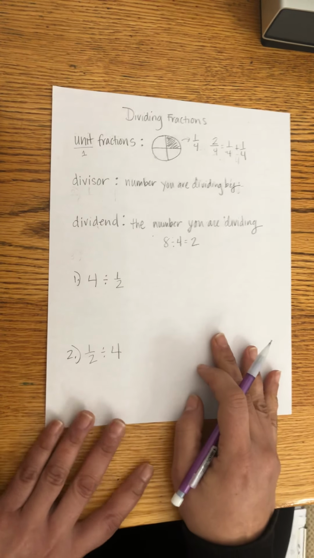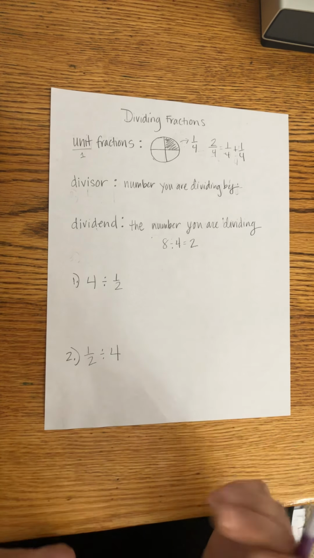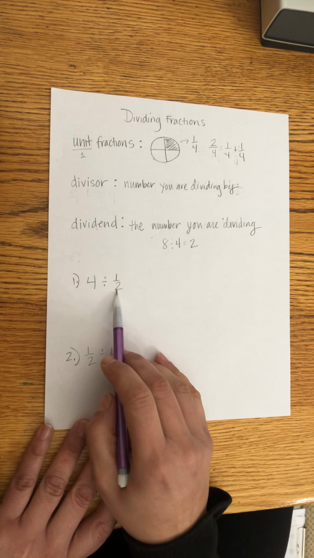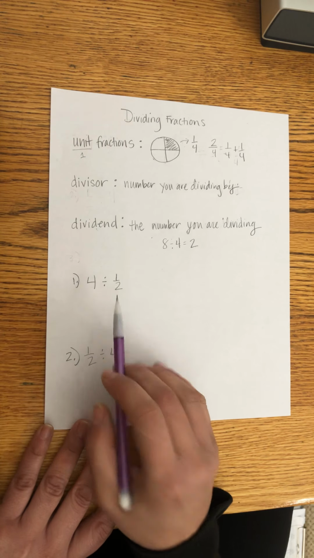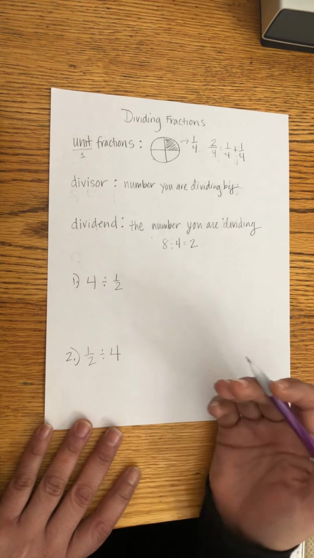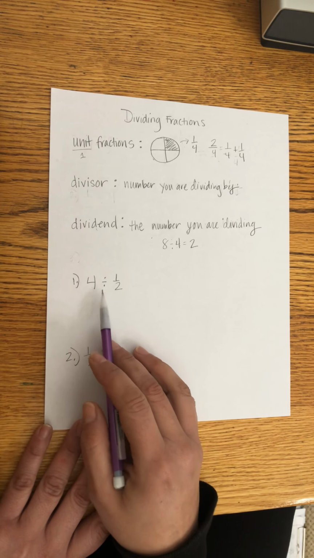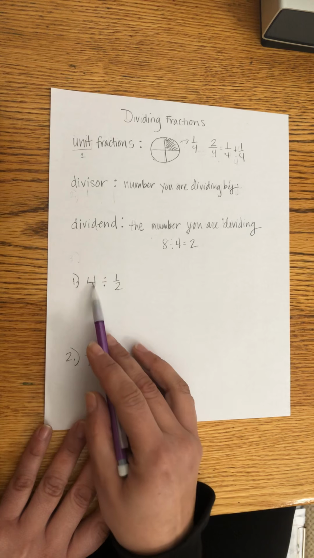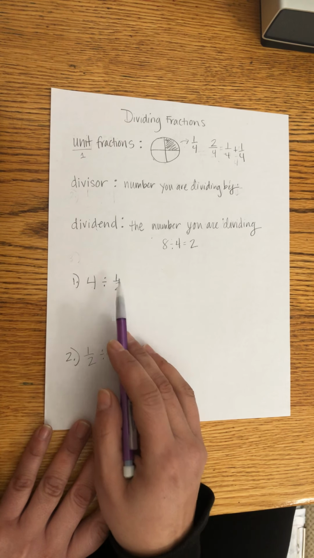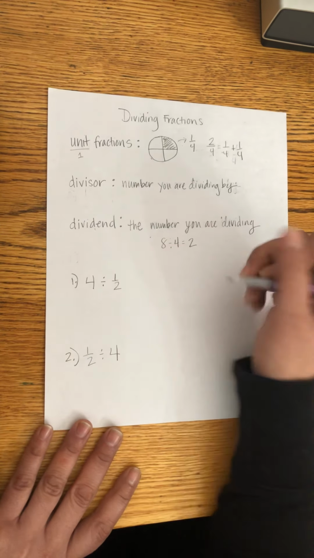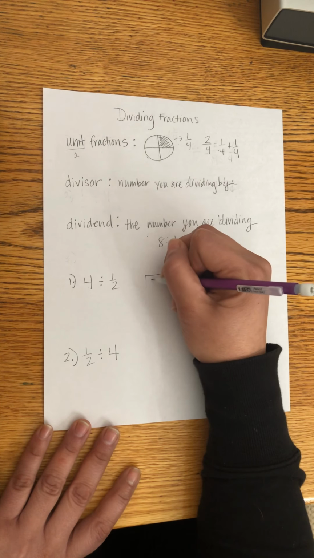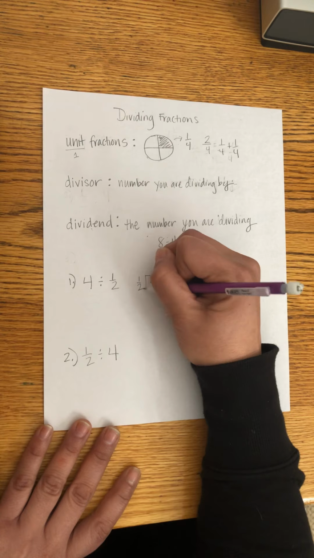All right, so let's take a look at dividing by a unit fraction. This is a whole number, your dividend, and I'm dividing by a fraction, my divisor. So you can say, how many times can 1/2 go into 4? Or how many times can I take 4 and break it into 1/2? If you were to draw it out in your division bracket, it would look like this: 4 divided by 1/2.